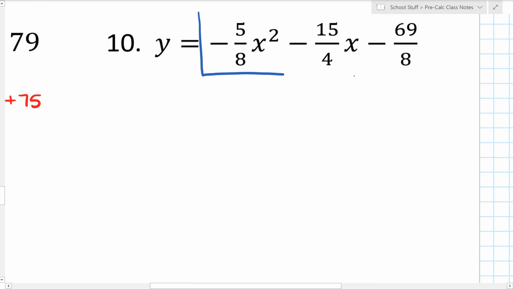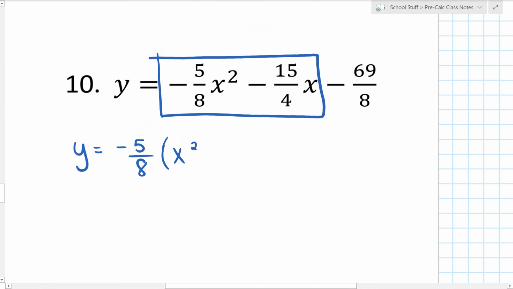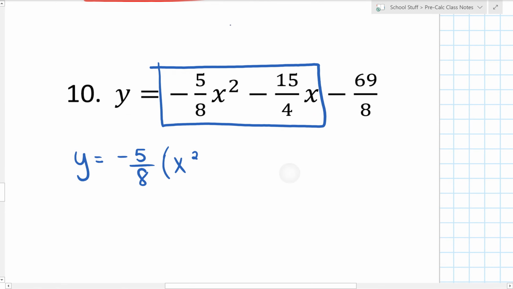I'm going to start by completing the square with just those first two terms. So I'm going to say y equals, but I need to pull that negative 5/8 out. So I know this here is going to be x squared, but what goes next to the x squared? If you're having trouble with that, just know that we're doing negative 15 over 4. We're dividing by negative 5/8, so that means multiply by the reciprocal.